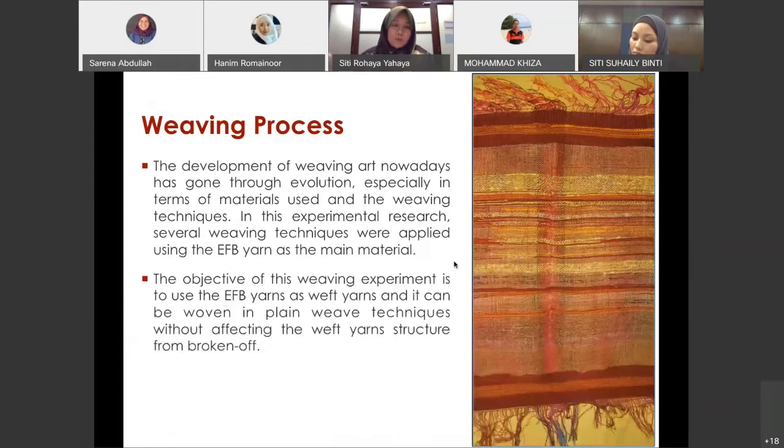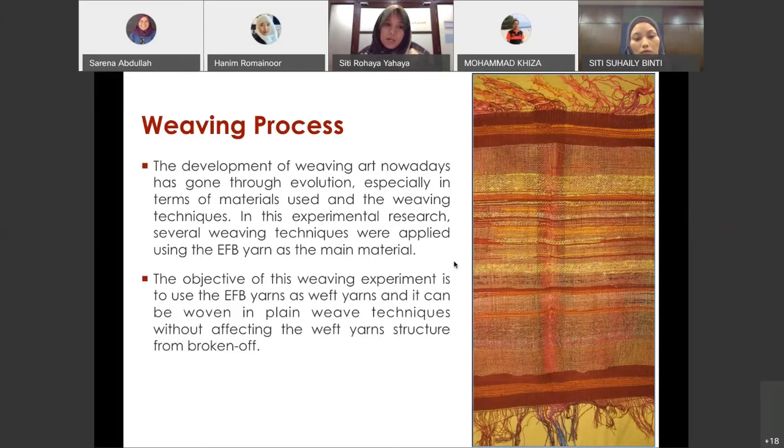Then we go for the weaving process. The development of weaving arts nowadays has gone through evolution, especially in terms of material use and weaving techniques. So in this experimental research, I apply several weaving techniques, which involve plain weave, double cloth, twill weave, these three, and also tapestry.